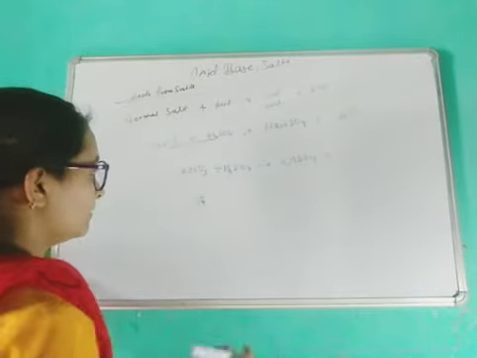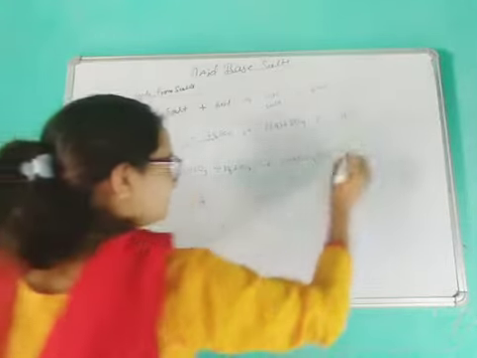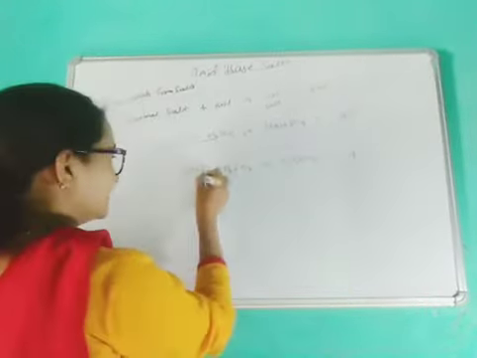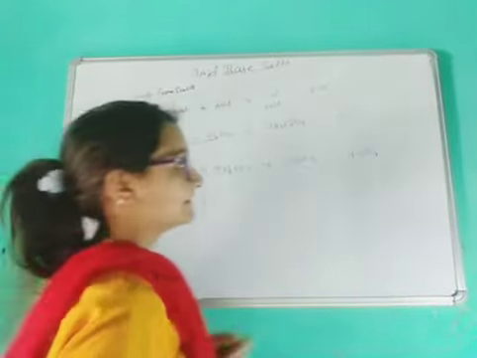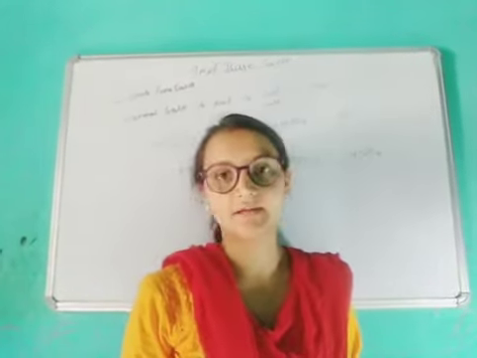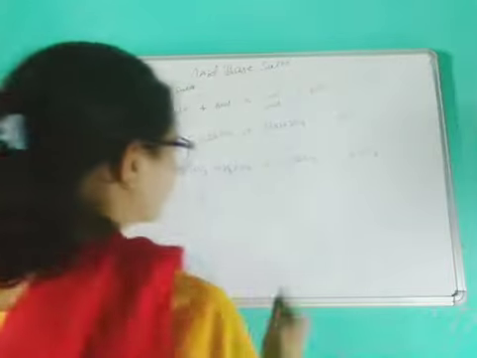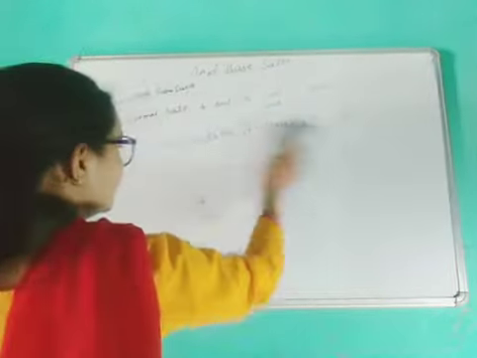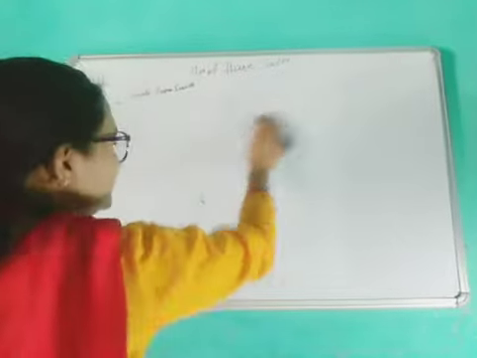Now what is left here is one H and NO3 from here. And you know very well this is nitric acid. Okay. So this is how you can form the acid from the salts.